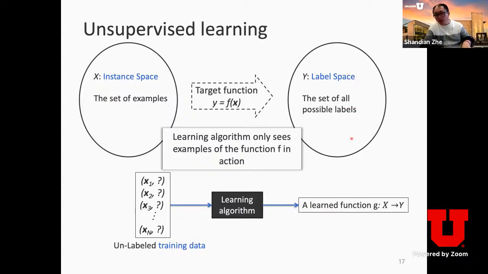But if you have 3 clusters, then your label space is 1 to 3. So in that kind of scenario, you don't need to designate a label space beforehand. You can just run an algorithm, and the algorithm tells you, okay, you're going to have 5 clusters, and I can map each input to one of these 5 clusters. Then your label space will have 5 labels, right?